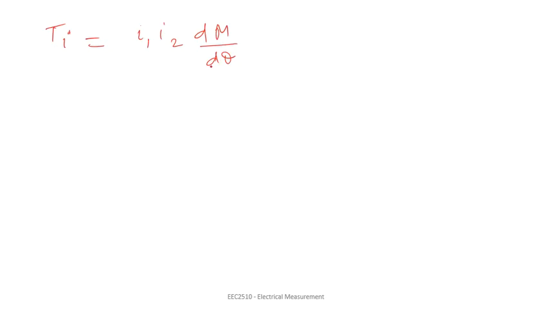I1 and I2 are the instantaneous values of the currents in the fixed coil and the moving coil, M is the mutual inductance, and theta is the deflection.